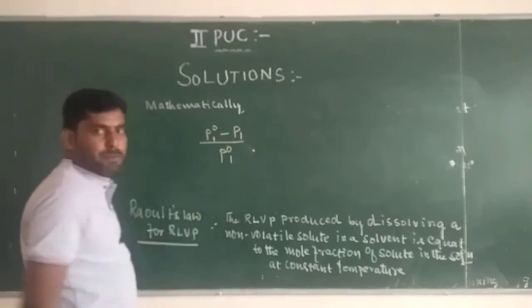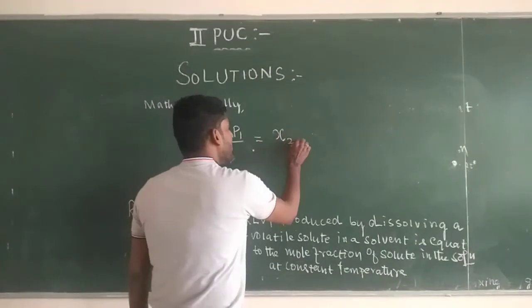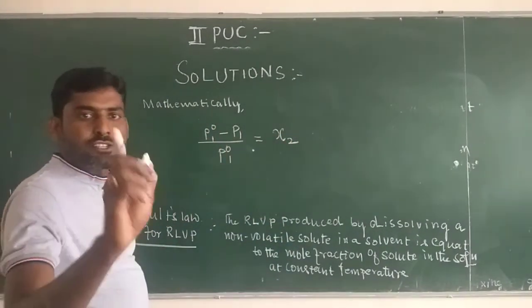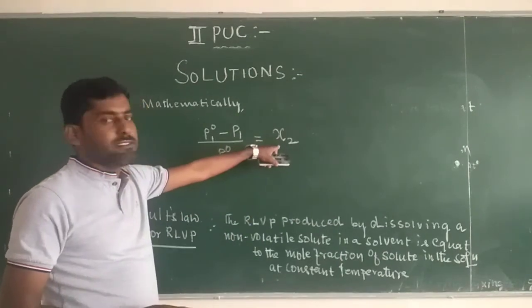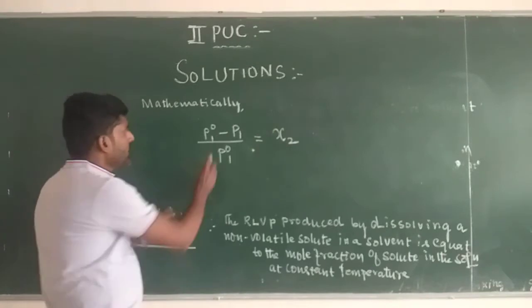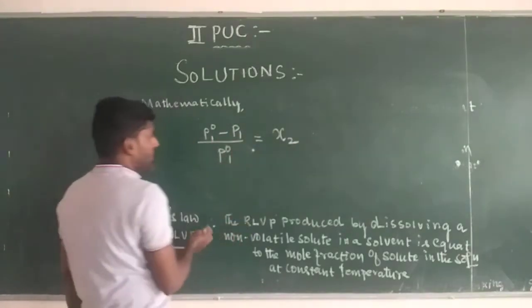The relative lowering of vapor pressure is equal to the mole fraction of the solute in the solution. Here X2 means the mole fraction of solute in the solution. So (P01 minus P1) divided by P01 is equal to X2.